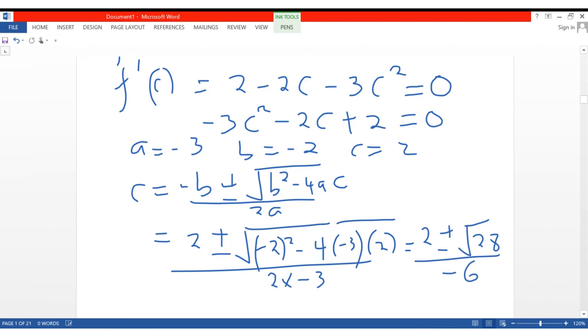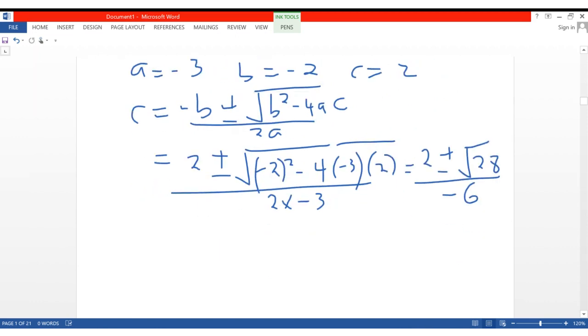So I do the first one. The first answer for c will be 2 plus the square root of 28, all over negative 6. Let me see what I'm getting. Square root of 28 plus 2, divided by negative 6. I'm getting negative 1.215.